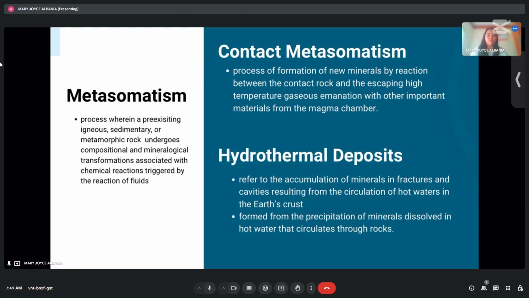Then lastly, hydrothermal deposits refer to the accumulation of minerals in fractures and cavities that results from the circulation of hot waters in the Earth's crust. Hydrothermal deposits are mineral deposits that are formed from the precipitation of minerals dissolved in hot water that circulates through rocks.